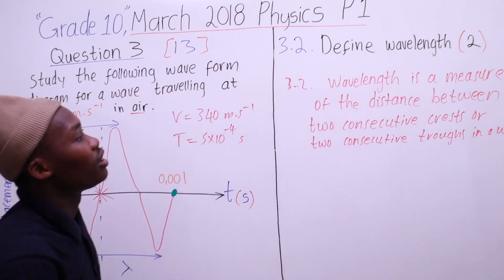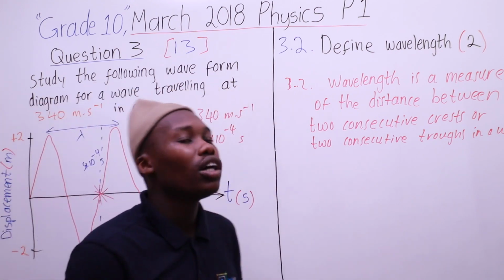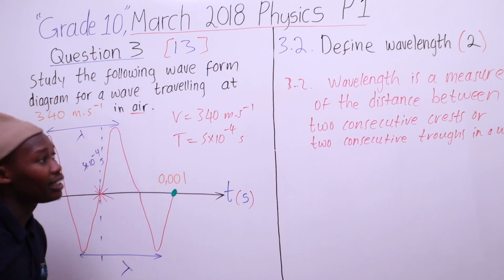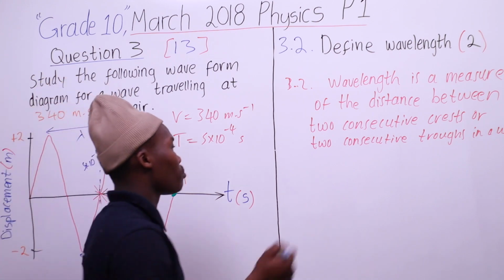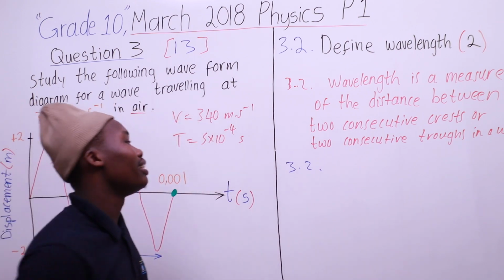So the wavelength is a measure of the distance between two consecutive crests or two consecutive troughs in a wave. Ake sichaze ngenye indlela. Omunye angayichaza ngale ndlela.